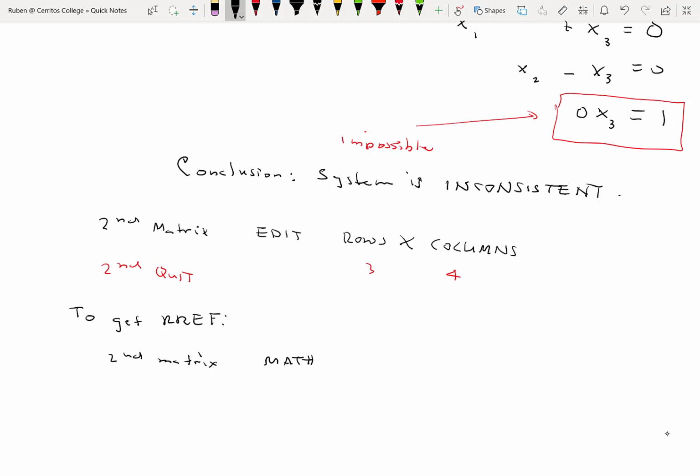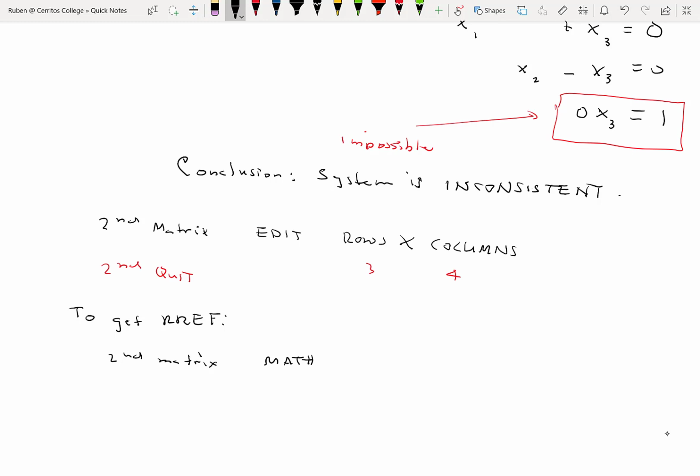There's DET for determinant and other things. And if you scroll past 7, all the way to 9, and then 0, and then they start using letters A, B. You notice that B is RREF. When you get the cursor over RREF, you push enter.